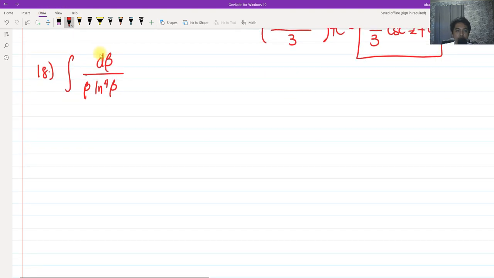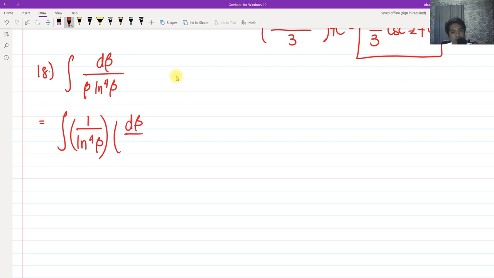This might seem like a difficult problem, but if we rearrange this, we rewrite it as 1 all over ln of beta raised to 4, then d beta all over beta.